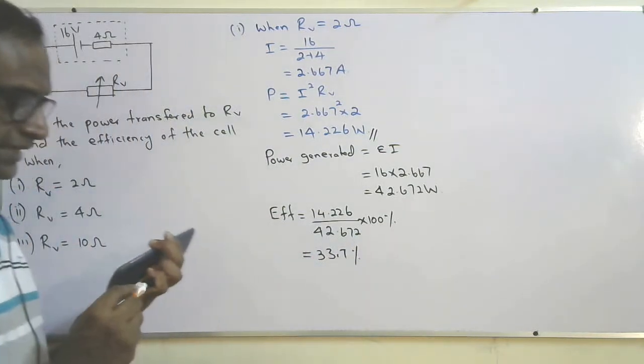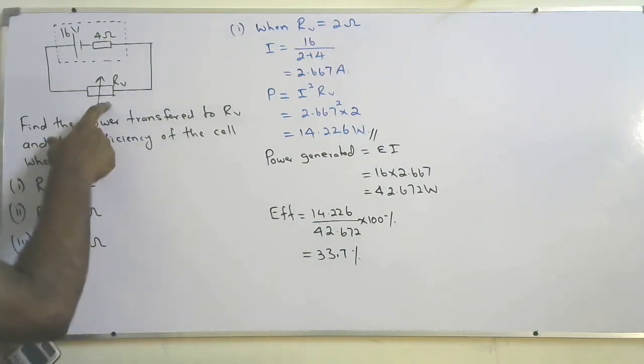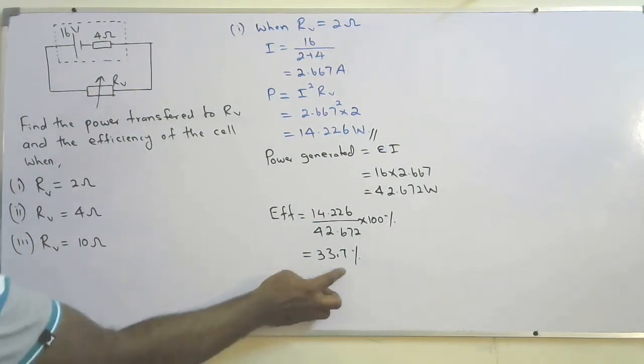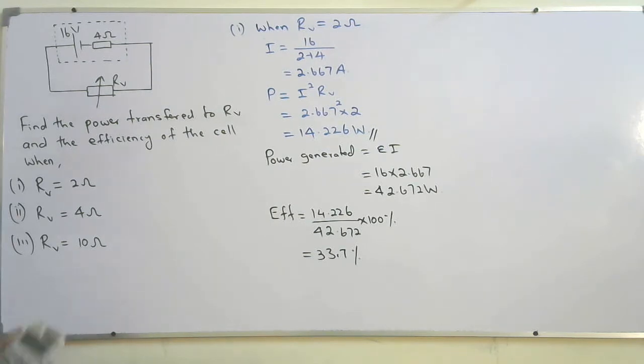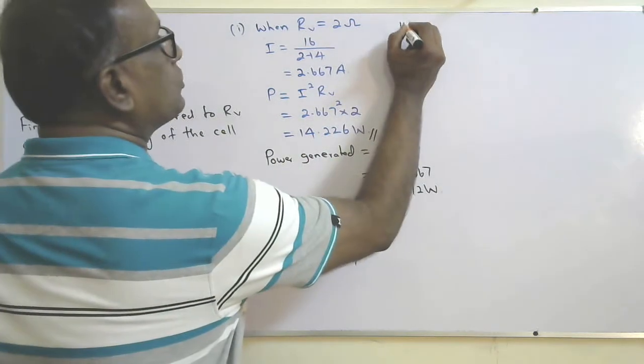So that means when the resistance of the external component is lower than the internal resistance, the efficiency is 33.7%. Okay, second part I'll do shortly.